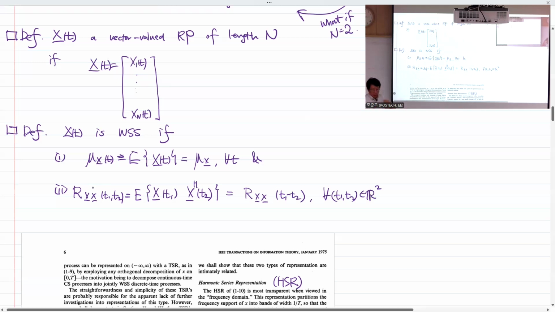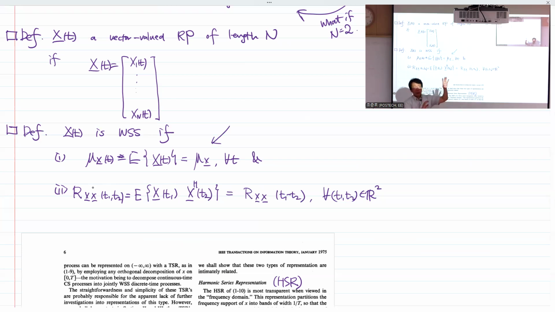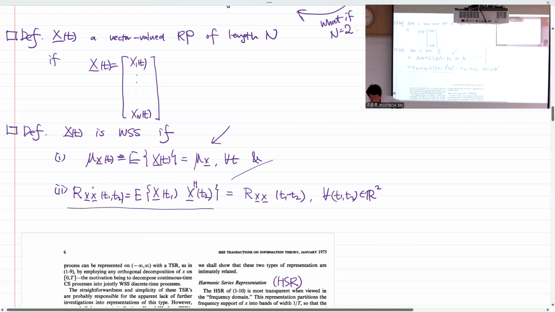And here, if you choose each element of this mean vector, then you have what? Constant mean of each element of this vector. And what is this one? This is some N by N matrix valued function of two variables.